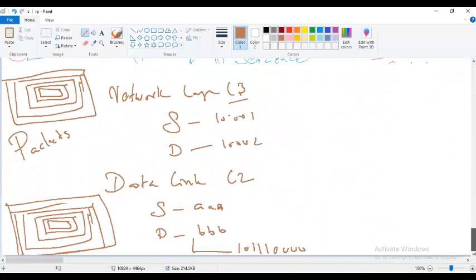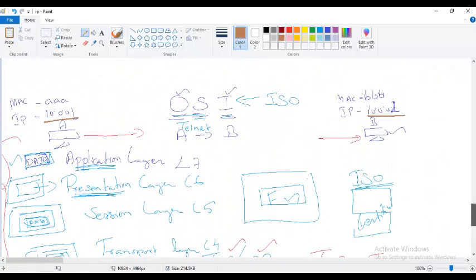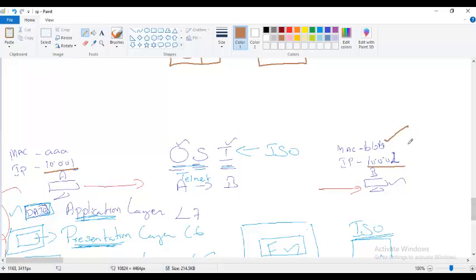Now this is what goes to the other side. This PC here will uncover the first layer and check the second layer. In the second layer, the destination MAC address is what? BBB. Am I BBB? Yes, I am BBB. Then it opens the next layer and checks the destination IP.